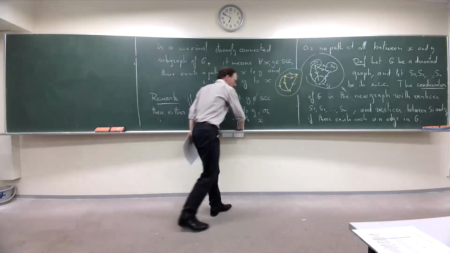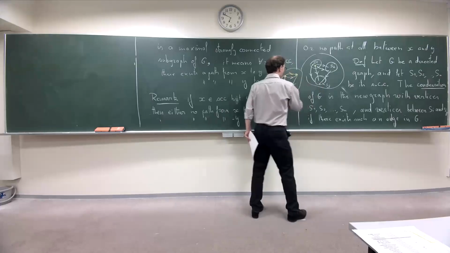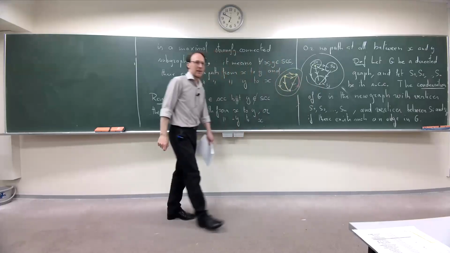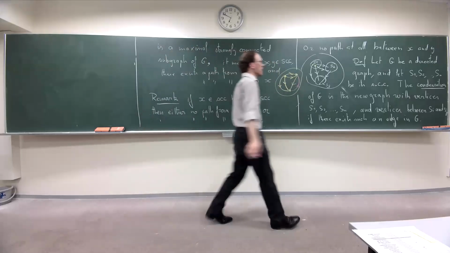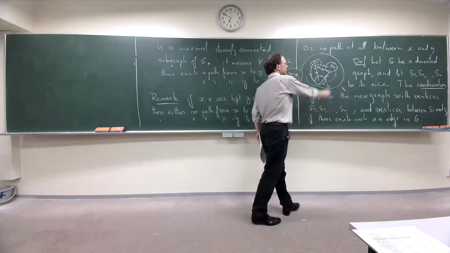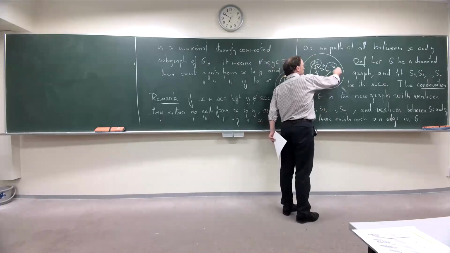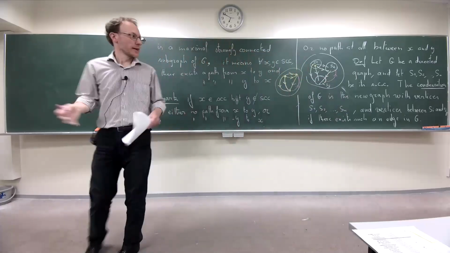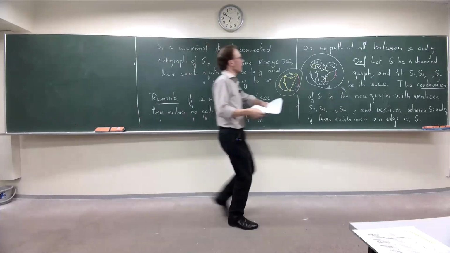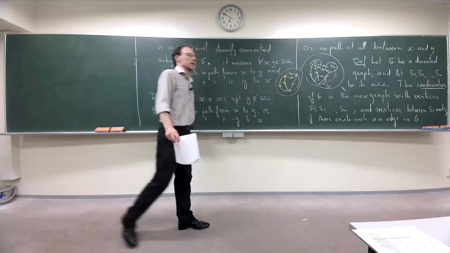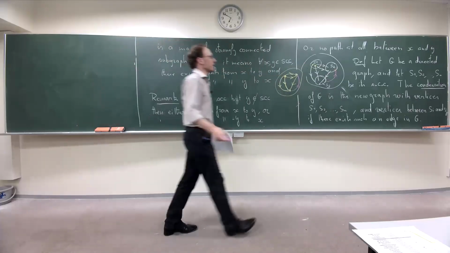Yes, if by mistake, of course, this is not correct, but if I had this in the condensation, it means that we would have one here. And in this case, these 2 strongly connected components would be together, and this graph doesn't satisfy the maximality for the strongly connected component. So it means this is not possible.